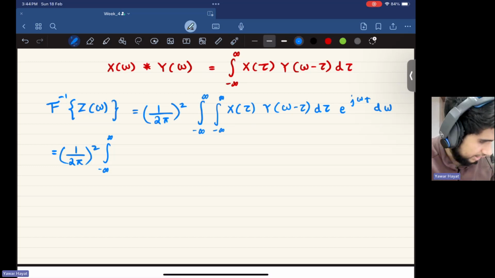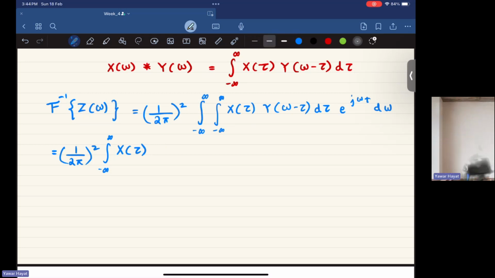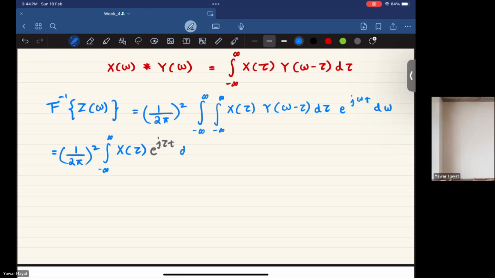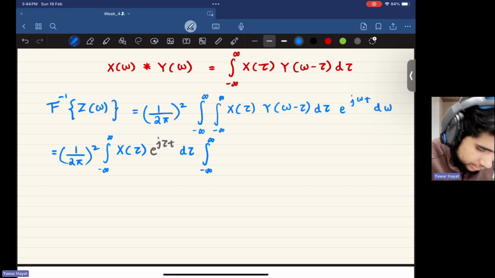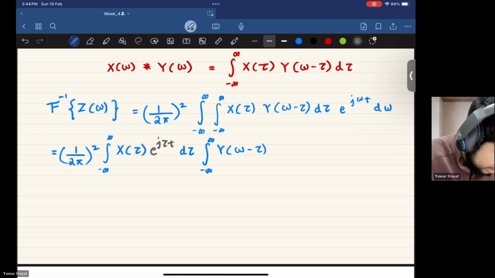So let me first write that: X of tau e to the power j tau t d tau, integral from minus infinity to infinity, Y of omega minus tau, and I have this e to the power minus j tau t.